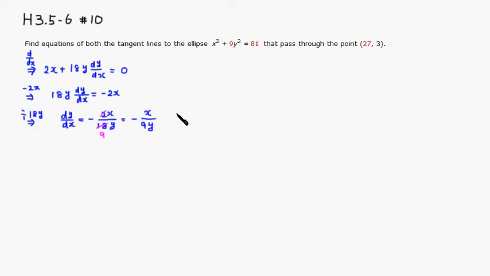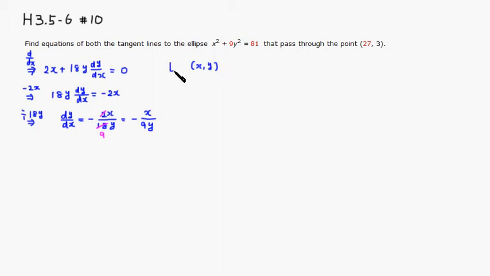This is the derivative of y with respect to x, which tells us about the slope of the tangent line. The problem is we don't know where the point of tangency is, so we have to find it. Since the tangent line has to go through this point, we can express the slope using it.